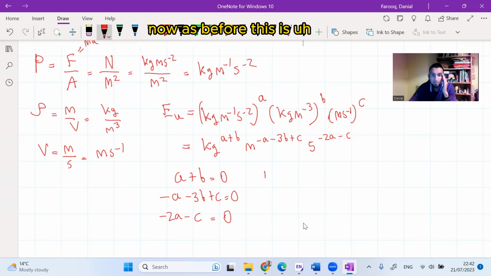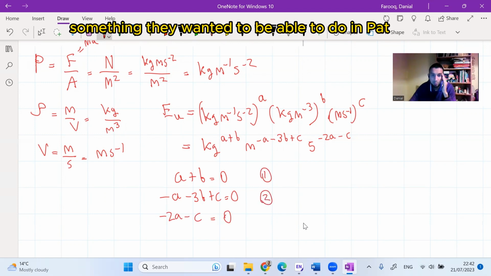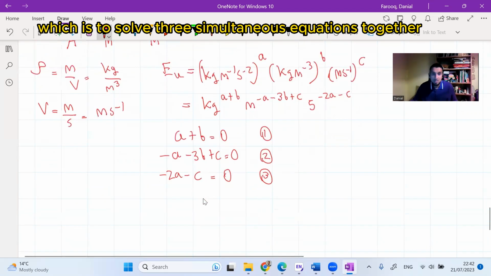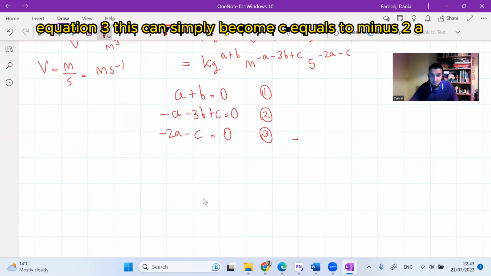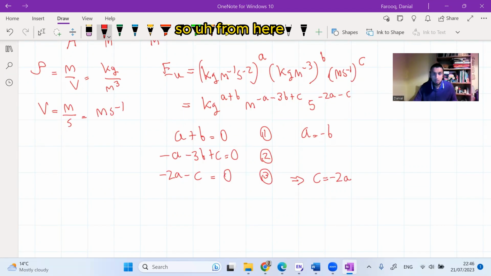Now, as before, this is something they wanted to be able to do in PAT, which is to solve 3 simultaneous equations together. Equation 3 can simply become C equals minus 2A. So from here, we can just let A equal 1. So if A equals 1, then B will equal -1. And we just need the ratio.